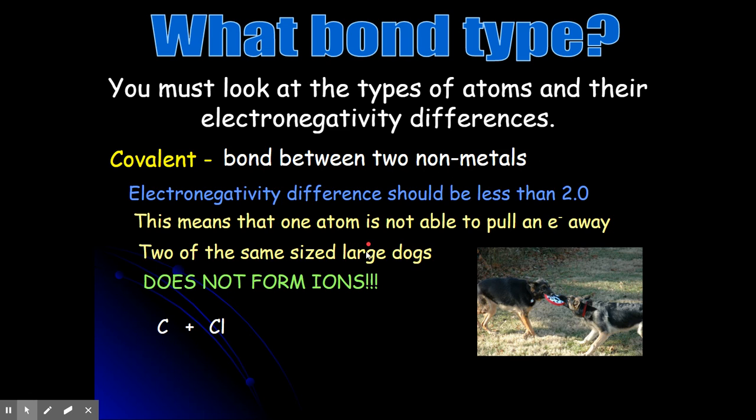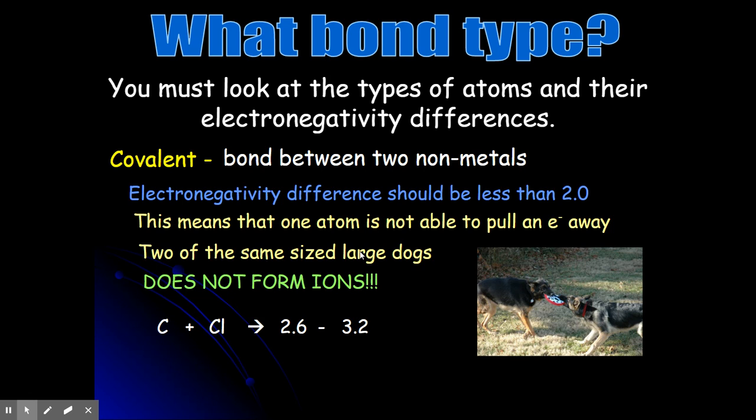So here we go. Let's figure out if the compound between carbon and chlorine would be ionic or covalent. To do that, you have to look up electronegativities on Table S. Remember, Table S is in your reference tables. So you look up carbon's electronegativity, you should be pausing and doing this. Carbon's electronegativity on Table S is 2.6. Chlorine's electronegativity on Table S is 3.2.